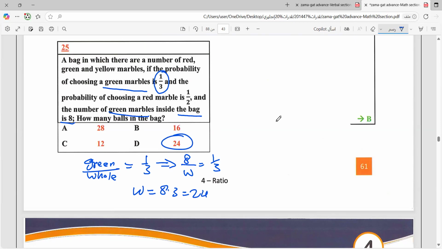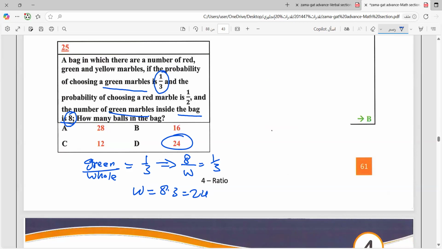It's clear, but why did they talk about the red marble before? Because the question says how many balls in the bag, so we need the whole. The red does not give us the total directly. You can also find it: if you have 8, then you can find the red balls, then you add them.